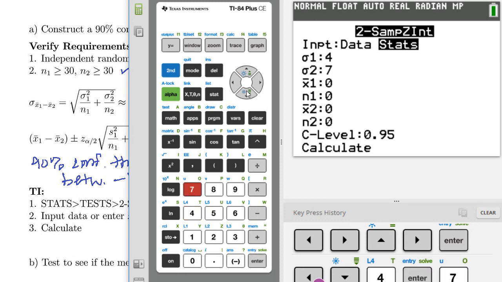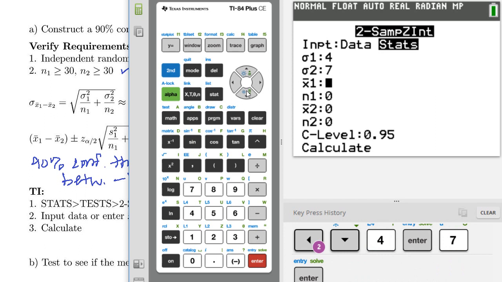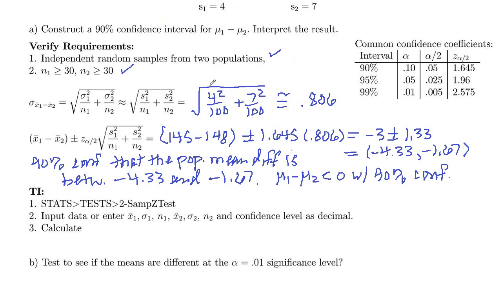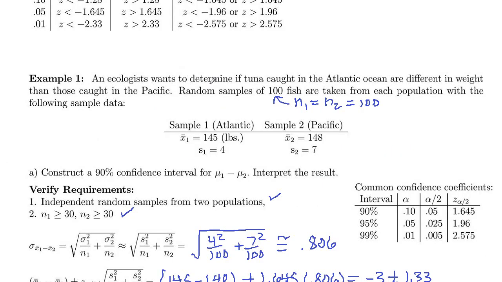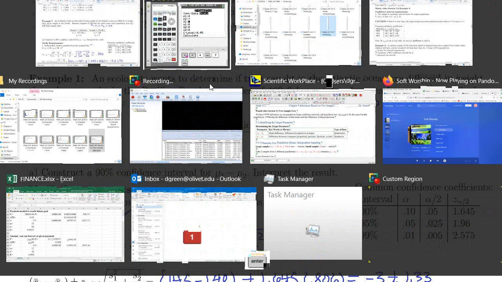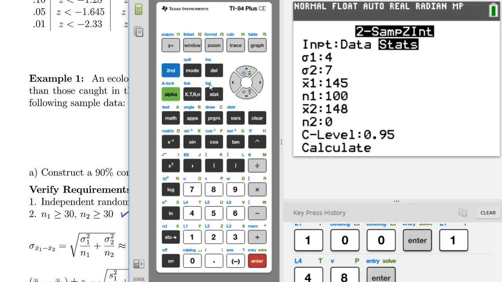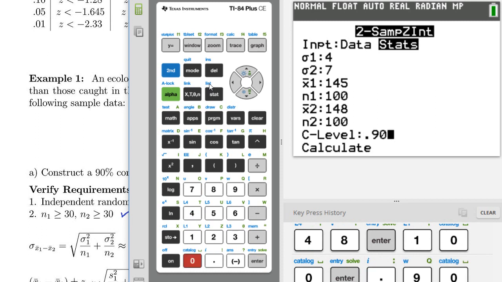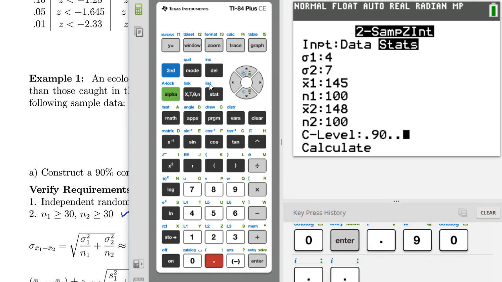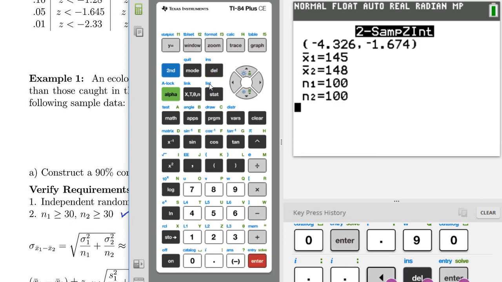We're using s1 and s2. x1 bar, that was our 145. n1, 100. x2 bar, 148. n2, 100. Confidence, 0.90. And calculate. And there's our negative 4.33 to negative 1.67.